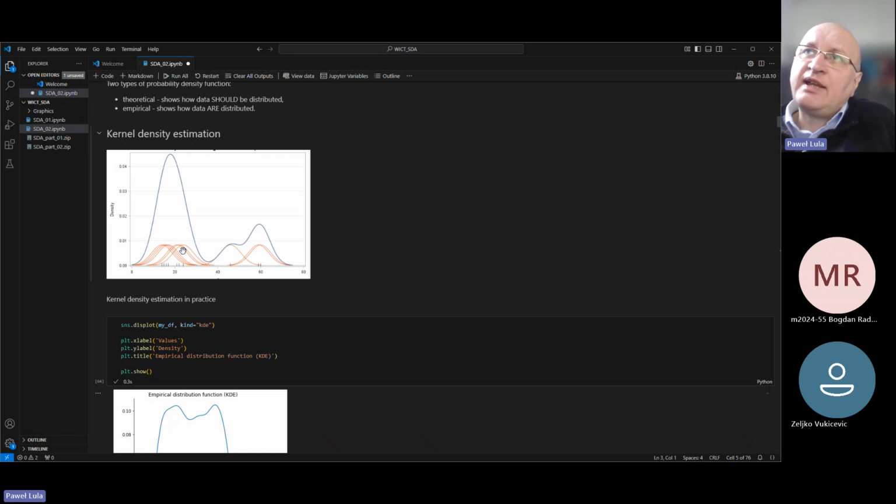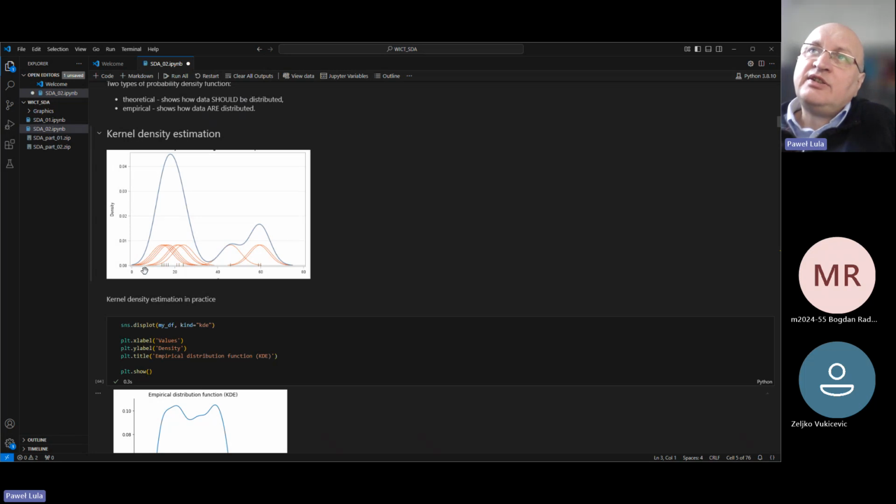The highest point of this curve, this bell curve, because it is similar to a bell, is always located under every value which we have in our data set. So under every mark which we have here, we have one of these bell-shaped curves.